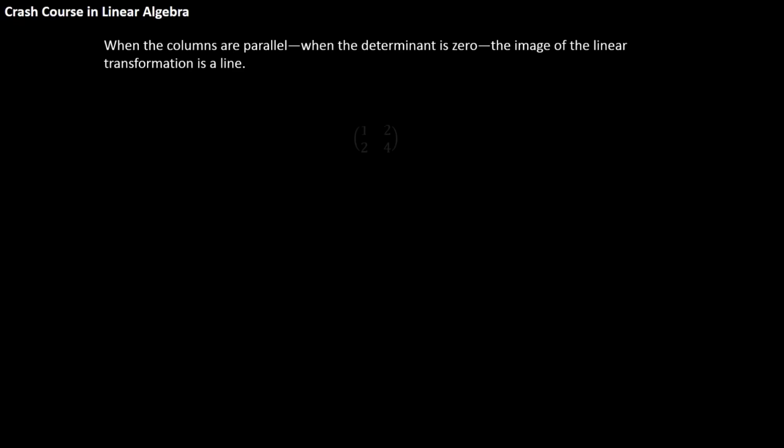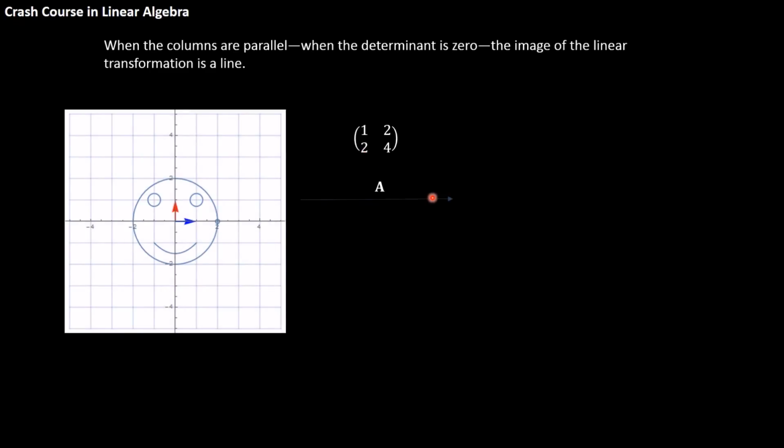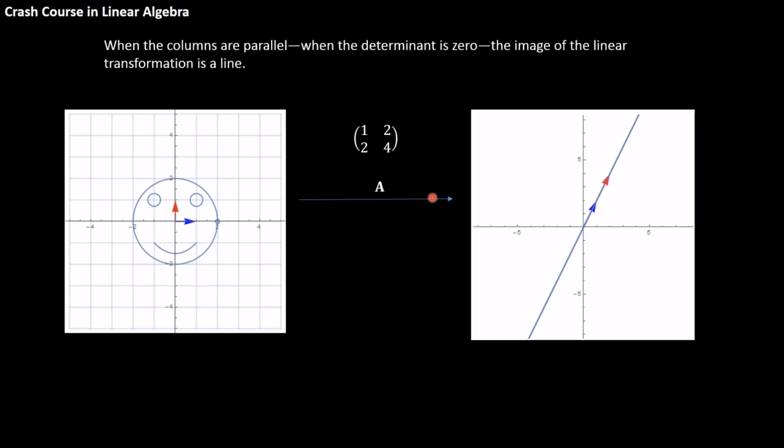On the other hand, if you have perfectly parallel columns, then it turns out the image is completely squished to a line, because this blue vector and this red vector, they're both mapped to parallel vectors. One's mapped to 1, 2, the other's mapped to 2, 4. They're parallel, so the entire image is actually squeezed onto this line. So it's no longer a bijection.